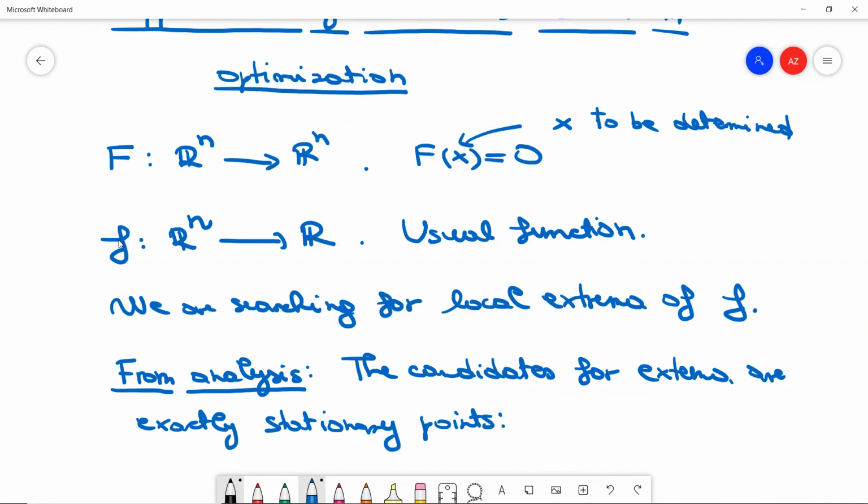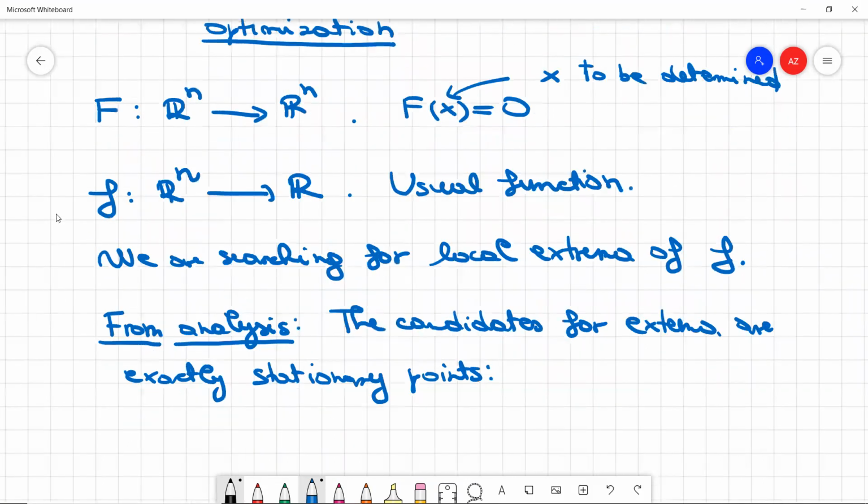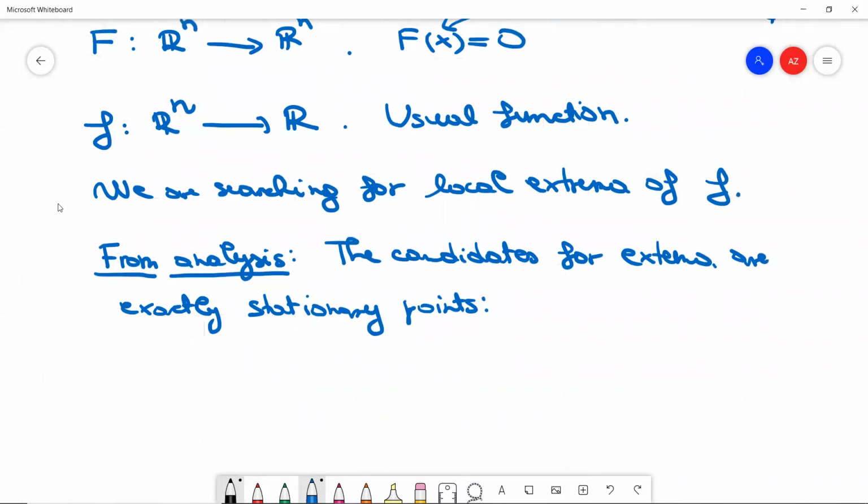This means that a point is stationary if all the partial derivatives are equal to 0.